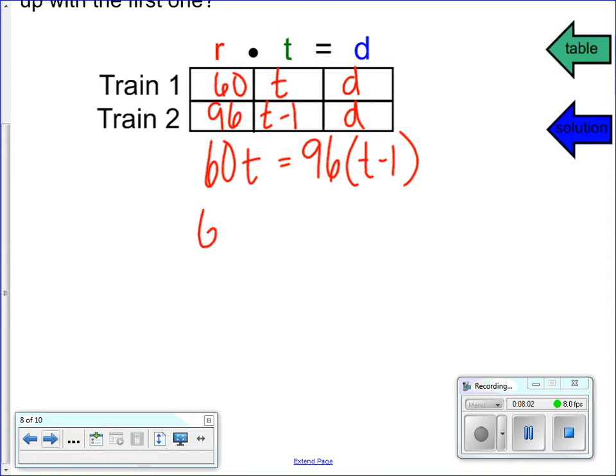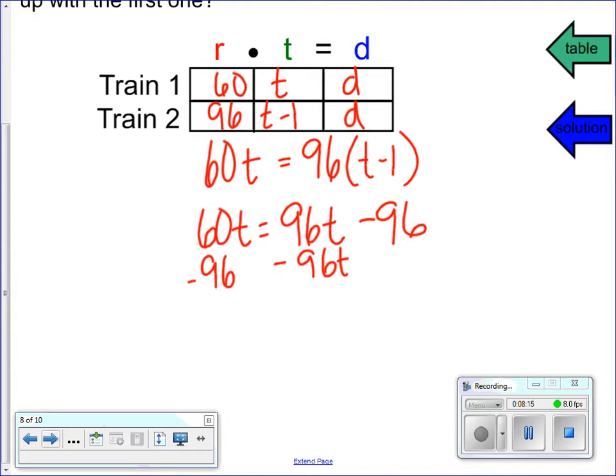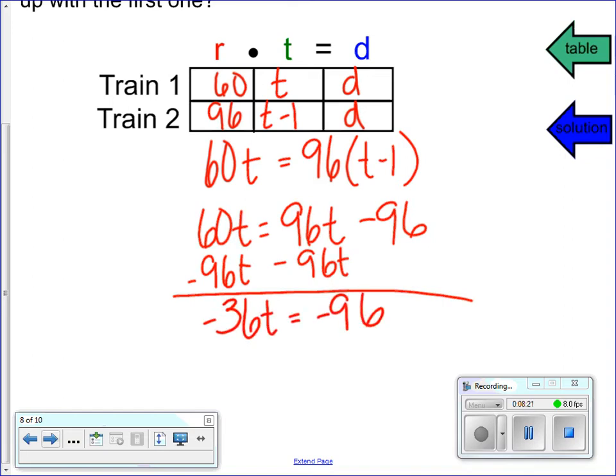Do the distributive property, so 60T equals 96T minus 96. Subtract 96T from both sides. And I get negative 36T equals negative 96. Divide both sides by negative 36. And I get T is equal to 2 2/3.